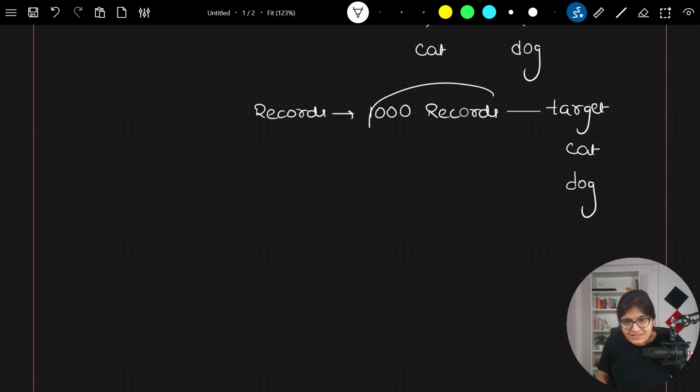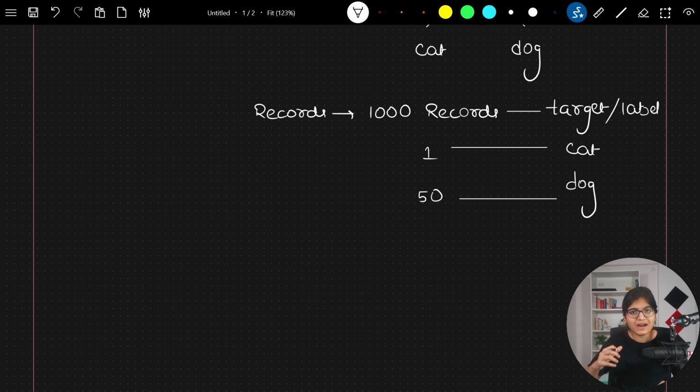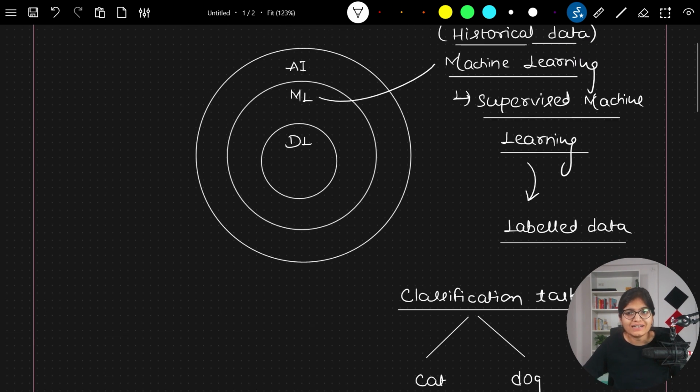So you are passing these records with their target value, or with their labels, saying that this particular record number 1 belongs to cat, or record number 50 belongs to dog. So there is a class which you are passing side by side, right? This may be represented by 0 and this may be represented by 1. In that particular scenario, this is what we call a supervised machine learning task.